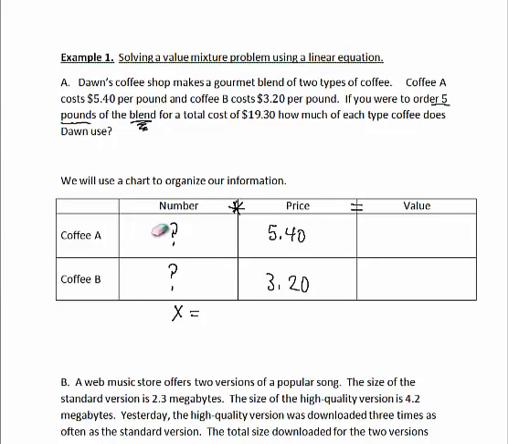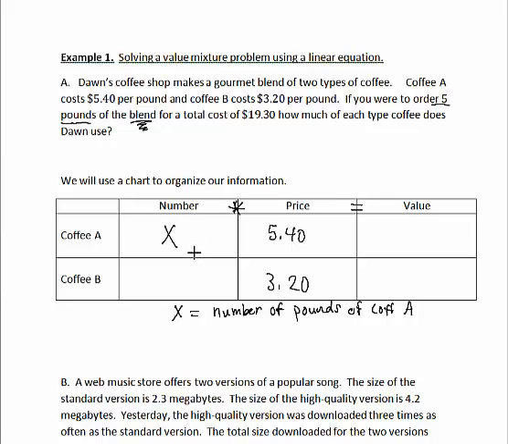It doesn't really matter which one you pick, but I will say that x equals number of pounds of coffee A. Okay, so since we've defined it that way, we could put x in here directly for the row of coffee A and the column of number.